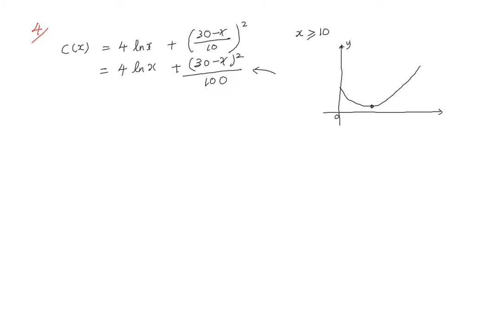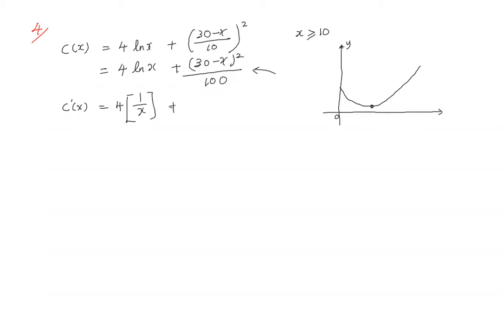Okay, so what you need to do, you need to differentiate. So C prime X equal to 4. Okay, how to differentiate ln? You know how to differentiate ln? 1 over X, plus.